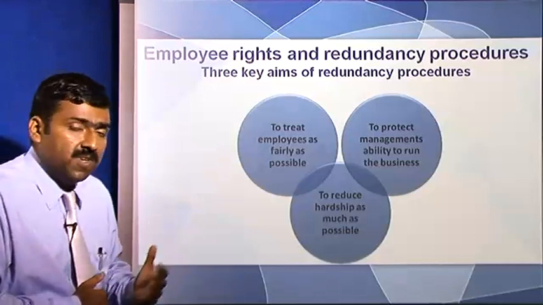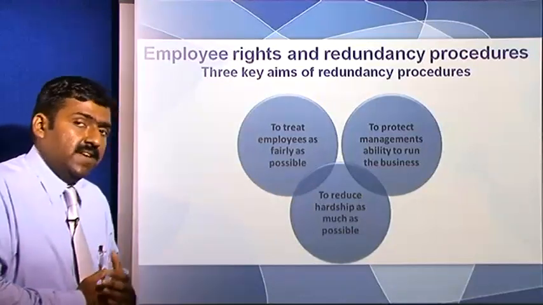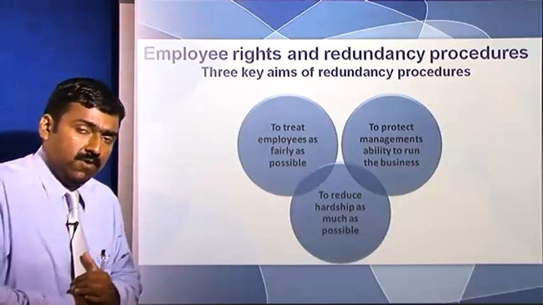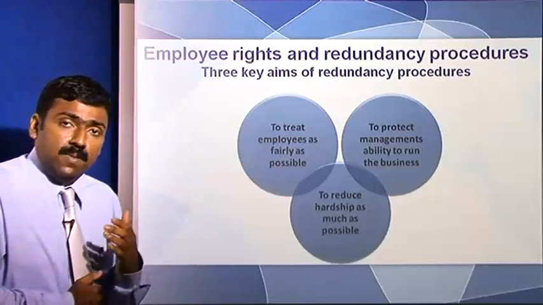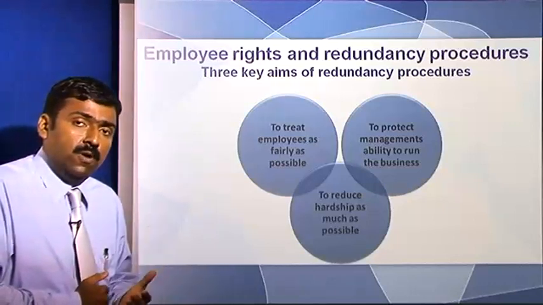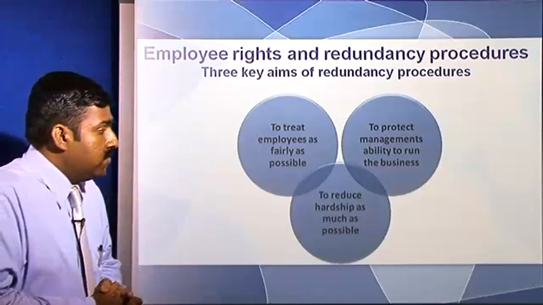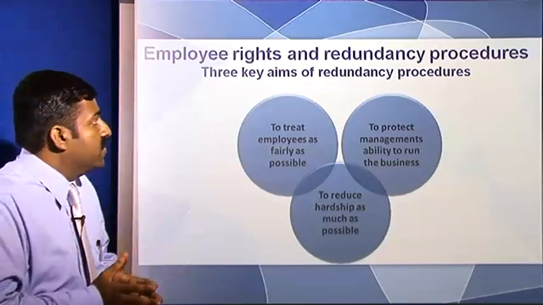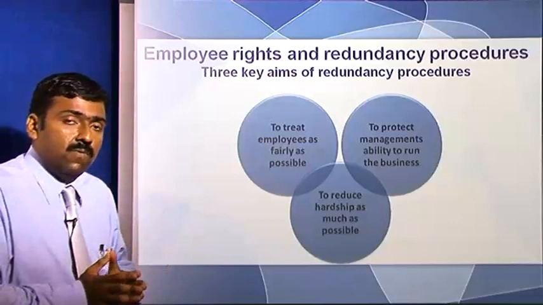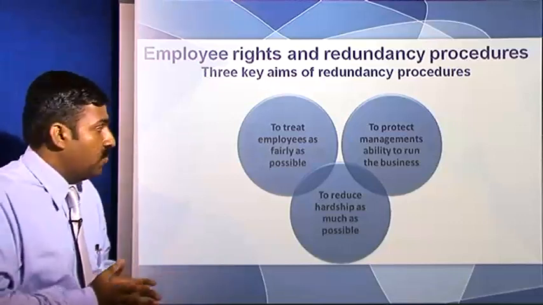Third, to reduce hardship as much as possible. A redundancy exercise is not an easy one for all the stakeholders, be it the management, the employees, the HR personnel involved, or society as a whole. So having a procedure established will reduce the hardships as much as possible.